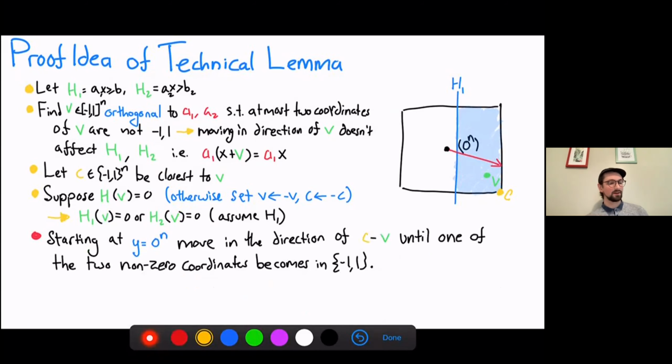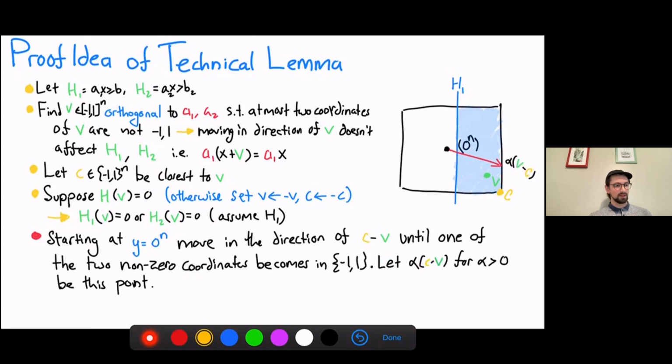Then we start at the all 0 point and walk until we hit a side of the square that we're on, in the direction of C minus V. C is the closest Boolean point to V, so C minus V has only 2 non-zero coordinates, corresponding to the fractional points of V. We walk in this direction until one of the coordinates of C minus V becomes plus or minus 1 valued.